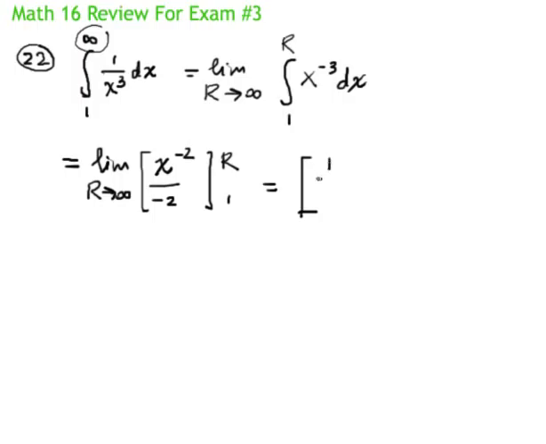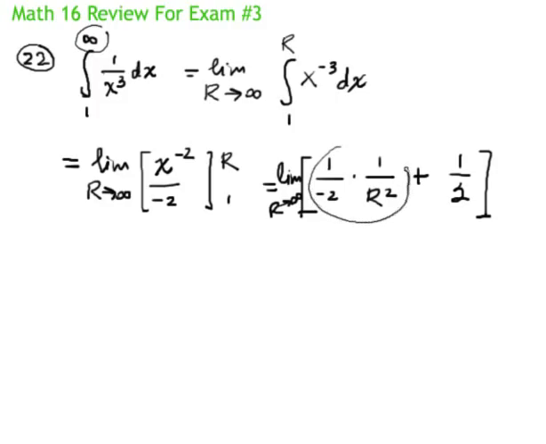So we have 1 over minus 2 times 1 over r squared plus 1 over 2. And we're taking the limit here as r goes to infinity. Okay, so this is going to 0. The first term goes to 0 because this denominator is going to infinity. So this is equal to 1/2. So we have a convergent integral.